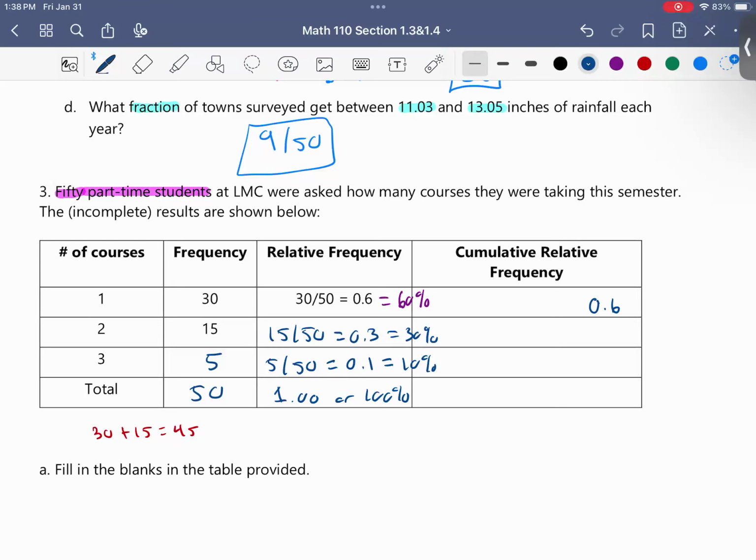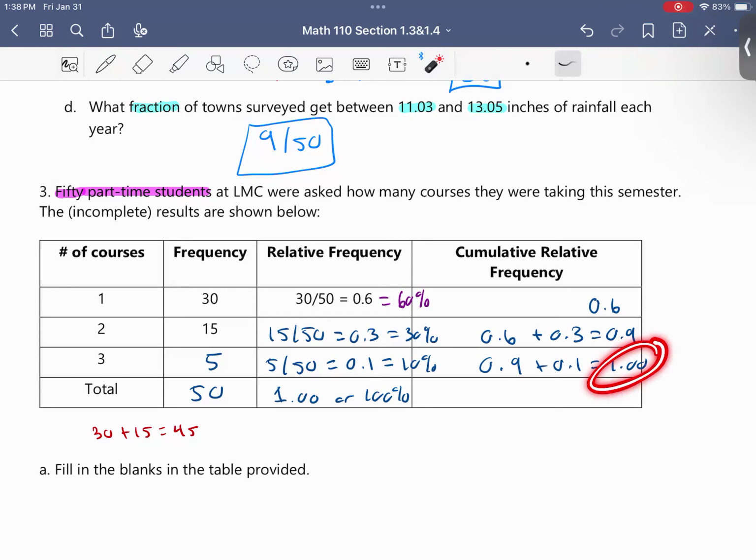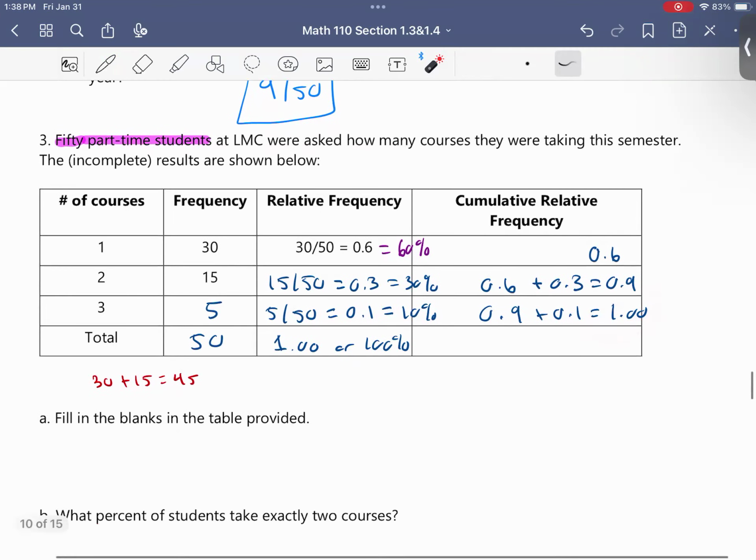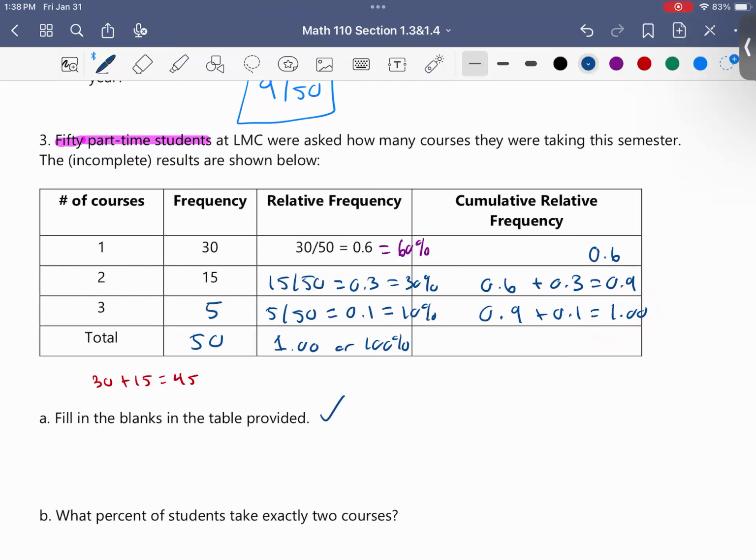So this would be 0.6 plus 0.3 equals 0.9. And then 0.9 plus 0.1 equals 1.00. And so that's how you know you did it correctly if you're getting 100% or 1. But okay, so that takes care of part A. We're filling in the blanks.